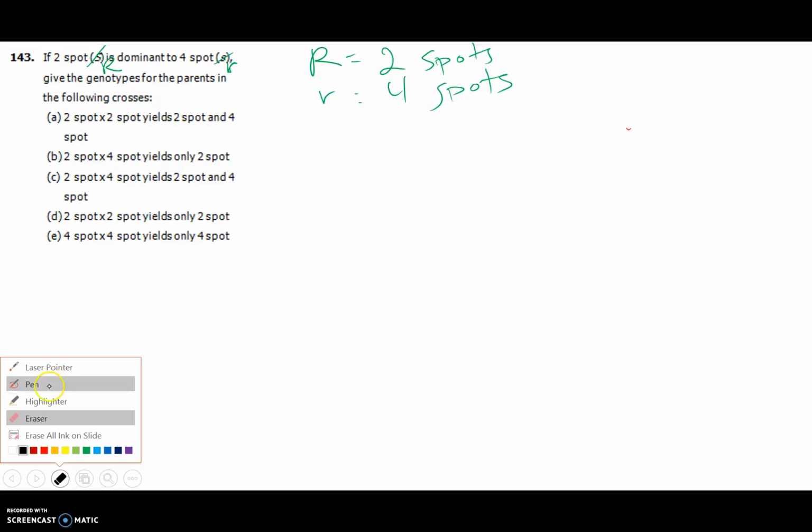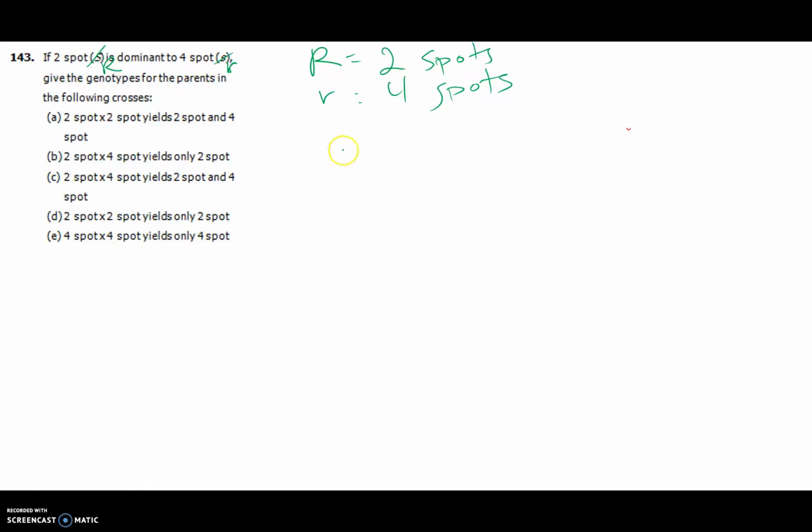So let's go ahead and go like this. We have 2 spots crossed with 2 spots. But right now, I'm not really sure of what these second alleles are because it just tells me 2 spots. And I see that this combination is going to give me an offspring with 4 spots. So 4 spots is homozygous recessive.